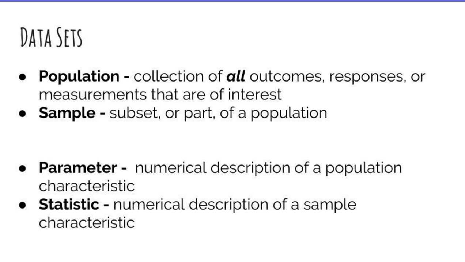That 52% number would be a parameter. It's a numerical description of the population. A statistic is a description of a sample. So if I took a sample of people at a football game and said 41% of them were female, that would be a statistic because I'm talking about a sample and not the entire population.